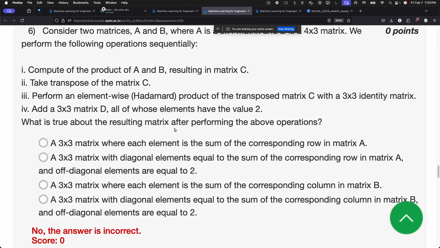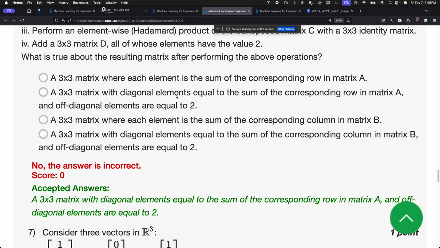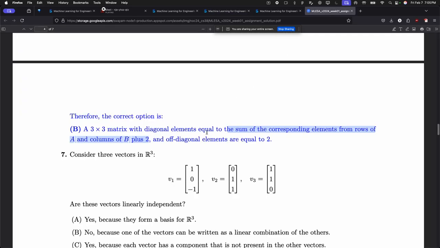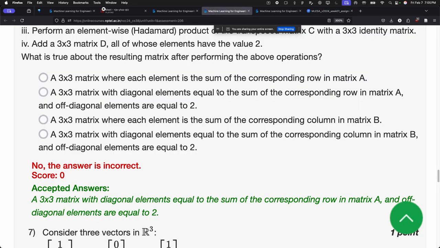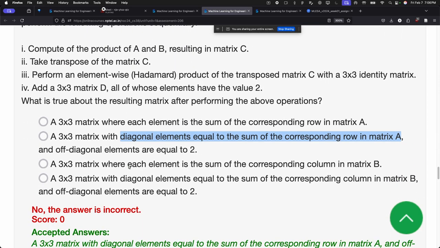So ultimately the options become this: diagonal elements equal to the sum of corresponding elements from rows of A and columns of B plus 2 and off diagonal elements equal to 2. The option written here says diagonal elements, sum of corresponding row in matrix A with what?